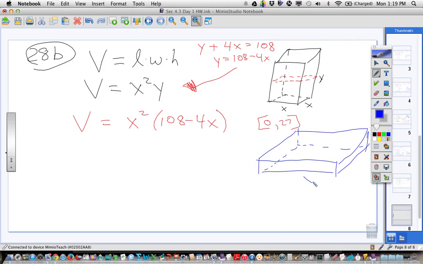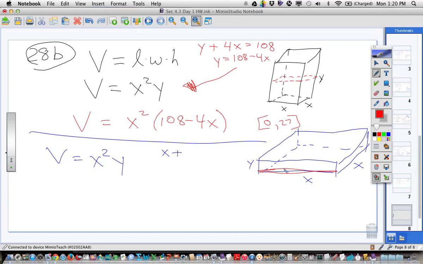Now it's x, x, and y. Now your volume is still x squared y, but now your girth is different. And remember, it's the long side plus the girth.